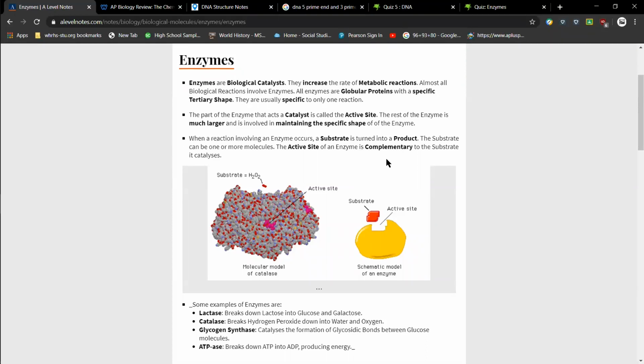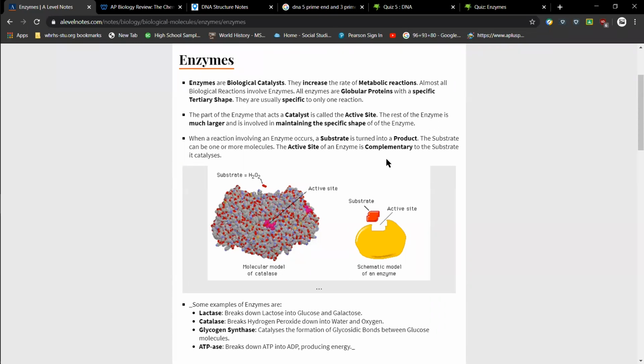Remember that all enzymes are proteins and they have a specific tertiary shape. The tertiary structure of proteins is the folded structure, formed by hydrogen bonding, disulfide bridges, and hydrophobic interactions all coming together.